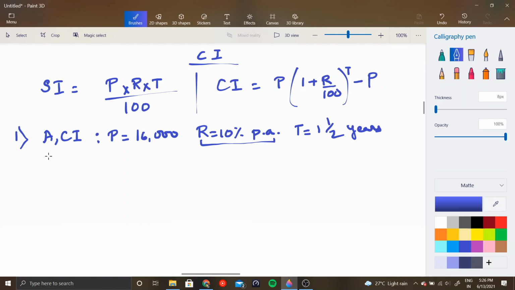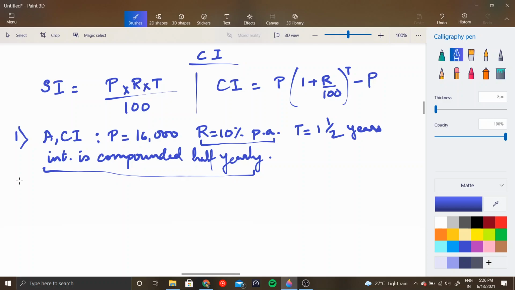Now it is given in the question that the interest is compounded half yearly, right? Now what does this mean? Interest is compounded half yearly. This basically means that every 6 months you get the interest amount, okay?